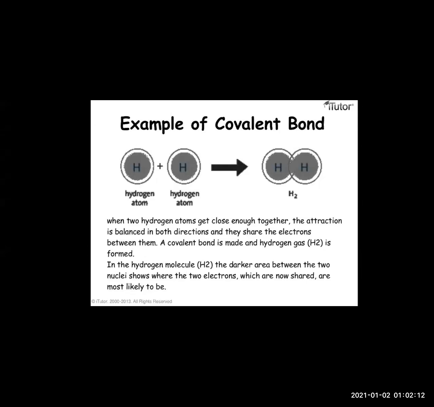Here in the hydrogen gas, you can see the two orbits are merged into one orbit. The darker part is where the reaction takes place between the two hydrogen atoms. And here the sharing is done mutually, so the atoms are mutually sharing the electrons. Okay, so this is about the covalent bond.